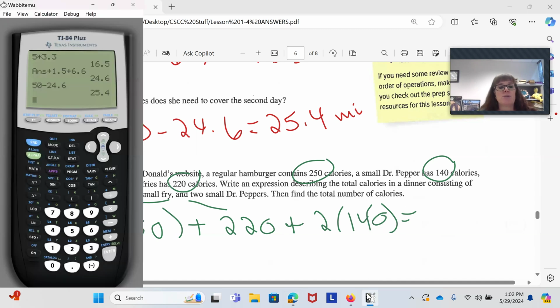But I do want to show you that your calculator will do it all at one time. 3 times 250 plus the 1 small fry, which was 220, plus 2 times the 140 for the drinks. So that meal would consist of 1,250 calories.